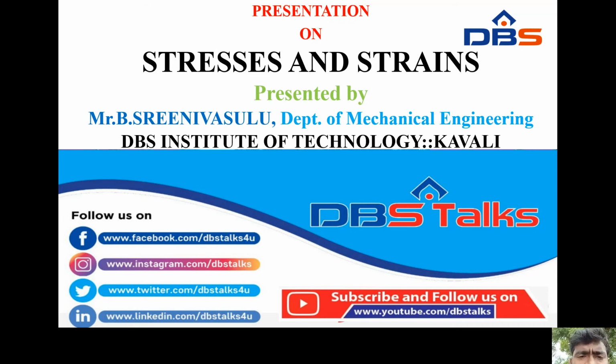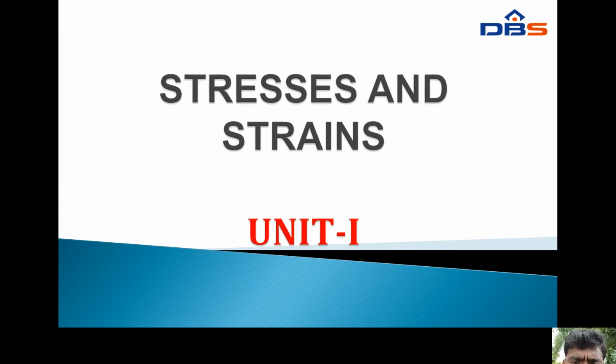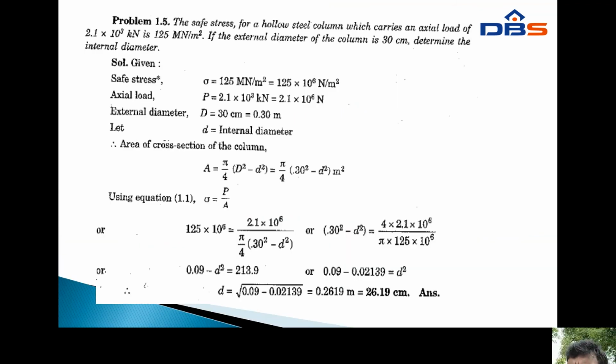Today I am going to discuss simple stresses and strains. This is Unit 1 of Mechanics of Materials. In the last class I explained stresses and different types of stresses and strains, different types of strains and modulus of elasticity, the relation between elasticity and stress-strain curves, ductile materials, brittle materials and plastic materials, the properties of the materials.